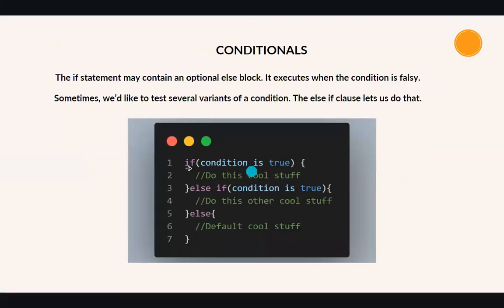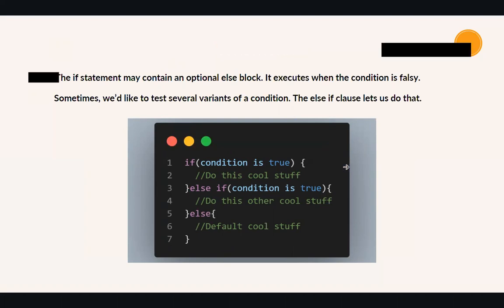We could also check if this is not true, we could check for something else. Then if both of these are not true, we have something that we run. So we could test out different variants of a condition and do something based on if they are true or false. So those are conditionals.